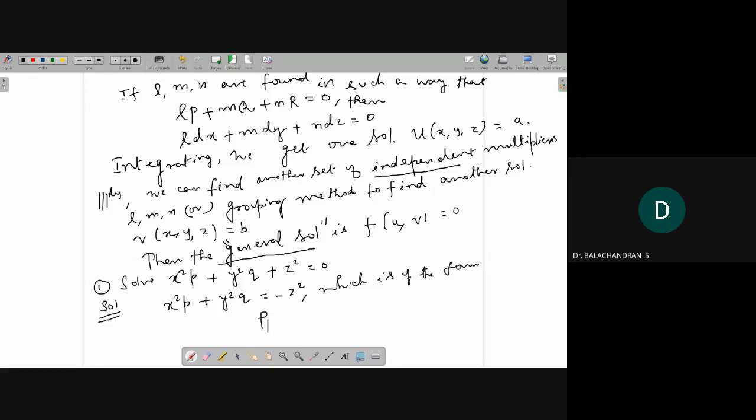Capital P small p plus capital Q small q equal to capital R. So here capital P is x square, capital Q is y square, and capital R is minus z square.